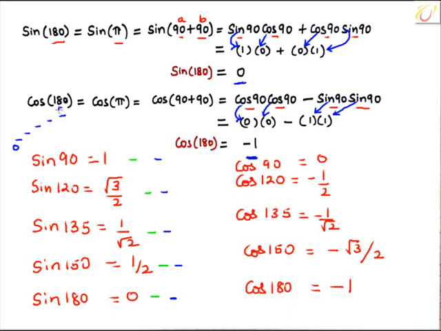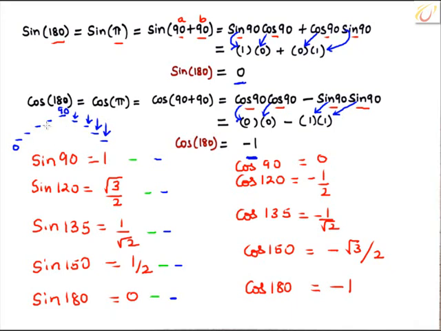So this is 90 degrees. When sine goes from 90 to 180, the value decreases, but we get similar values. So you will have sine 120 as root 3 by 2, sine 135 as 1 upon root 2, sine 150 as half, sine 180 as 0.